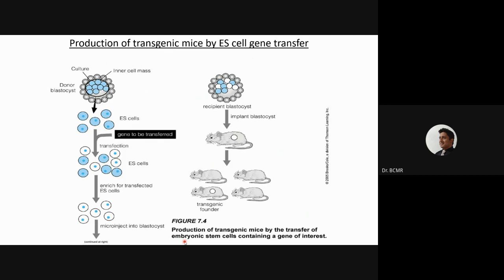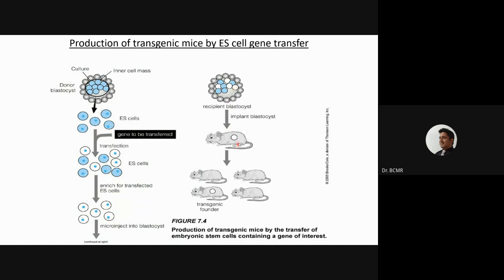So now we got engineered embryonic stem cells, and we have to generate pups from it. So what they do now, we are doing embryo manipulation. We take these cells that we got, the engineered embryonic stem cells, and we put them into a recipient blastocyst. The recipient blastocyst also has its own embryonic inner cell mass, right?